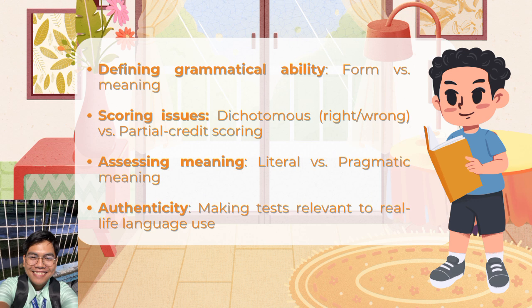Some tests do not reflect how grammar is used in real-life scenarios. That's why students find it hard to assess the authenticity of their work. So these are just common challenges in assessing grammar. There are many challenges, but we need to focus on this.